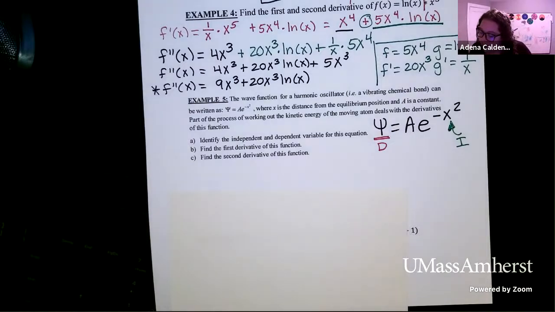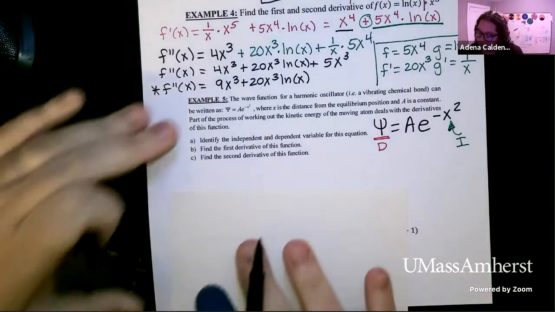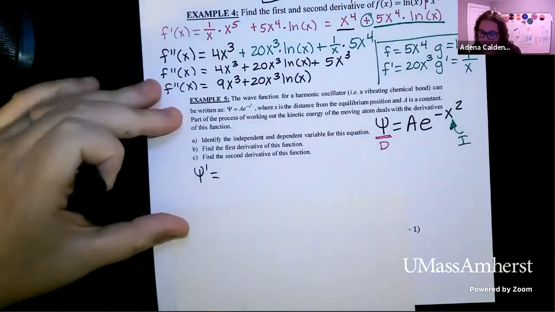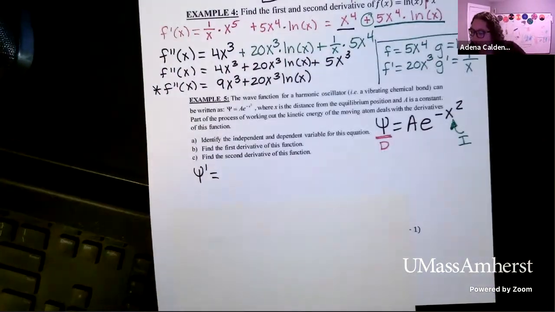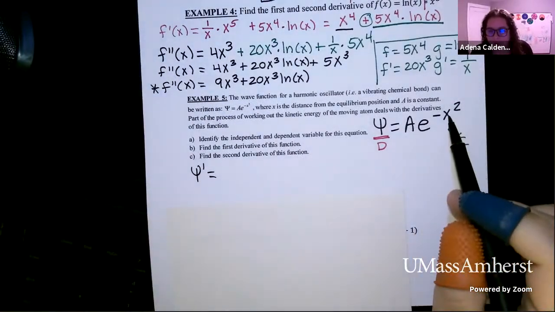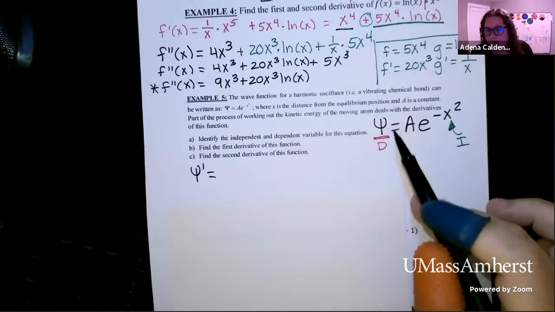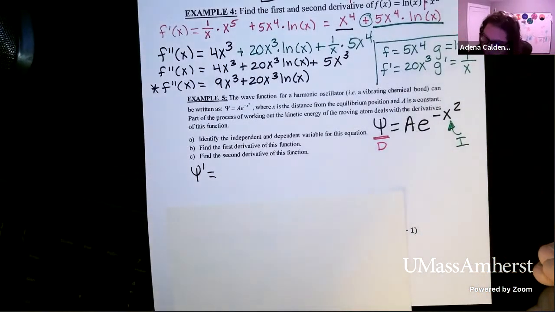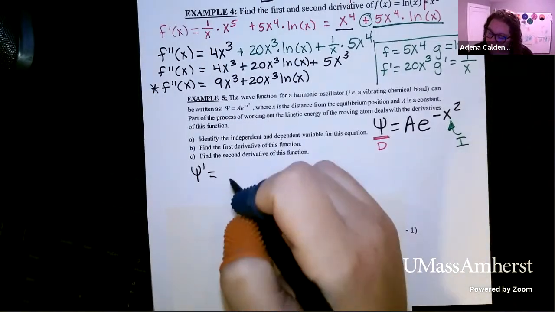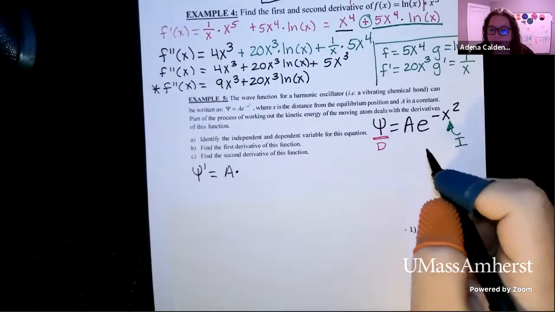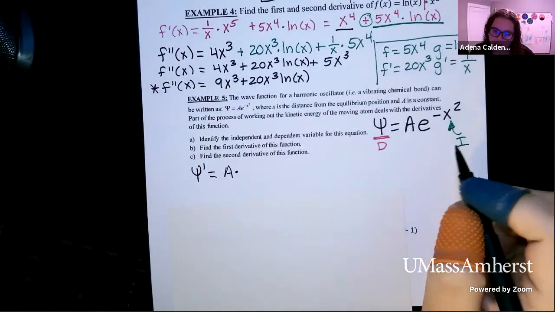Now, when we talk about the first derivative of this function, psi prime, right? We just need to remember what is our independent variable here, because here we also have an A. And since A is a constant, we need to use the constant multiple rule, which means that our A is going to multiply the derivative of e to the negative x squared.